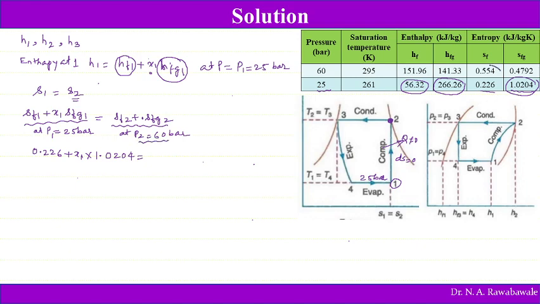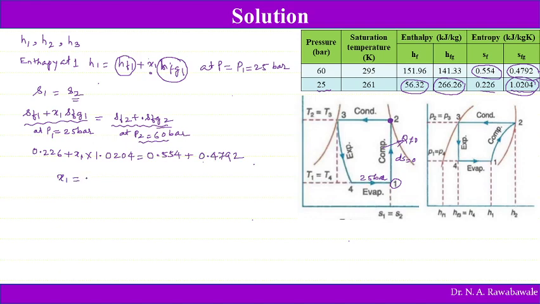So SF2 is 0.554 plus SFG2 is 0.4792. So from this we can find out entropy at point 1.